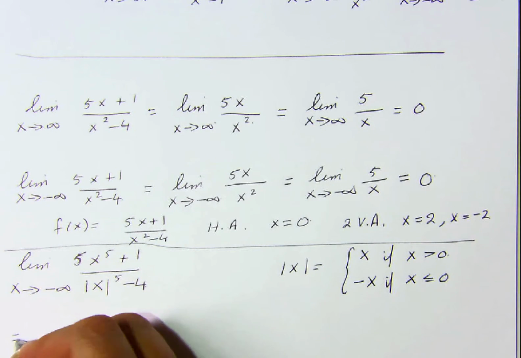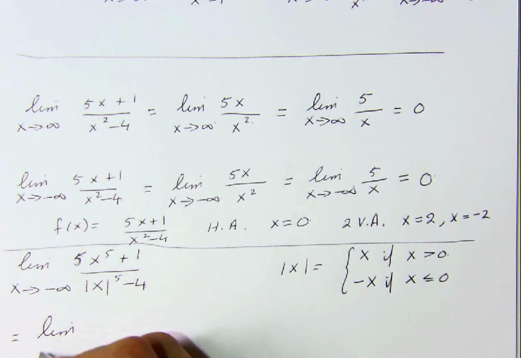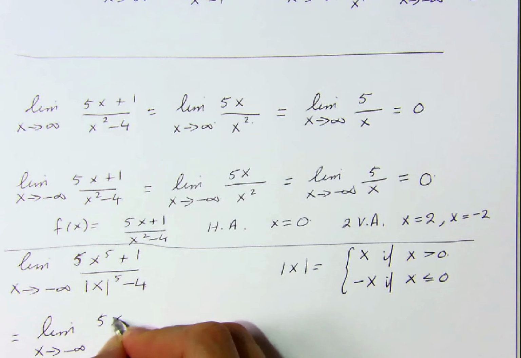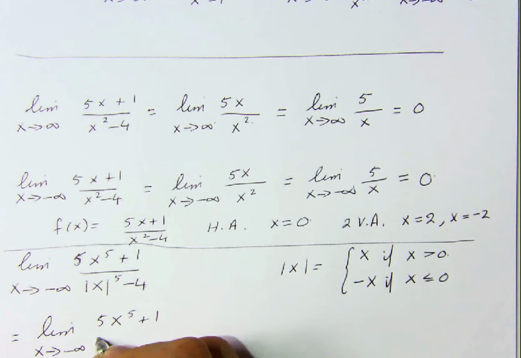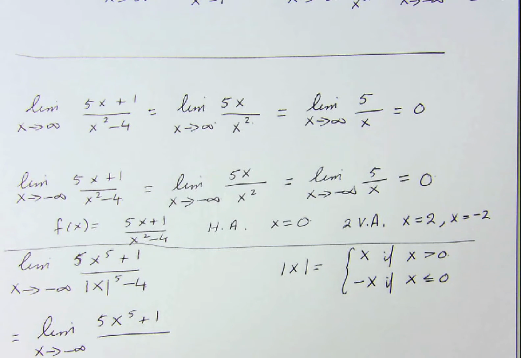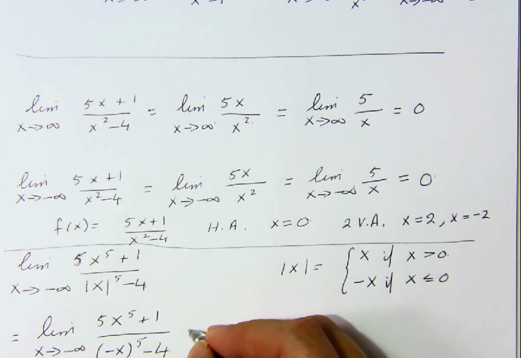So this is equal to the limit as x approaches negative infinity of 5x to the 5 plus 1, and we can replace the absolute value by negative x for negative values of x. So this is negative x to the 5 minus 4. Remember here, x itself is negative, so negative x is positive, and negative x is the absolute value of x.